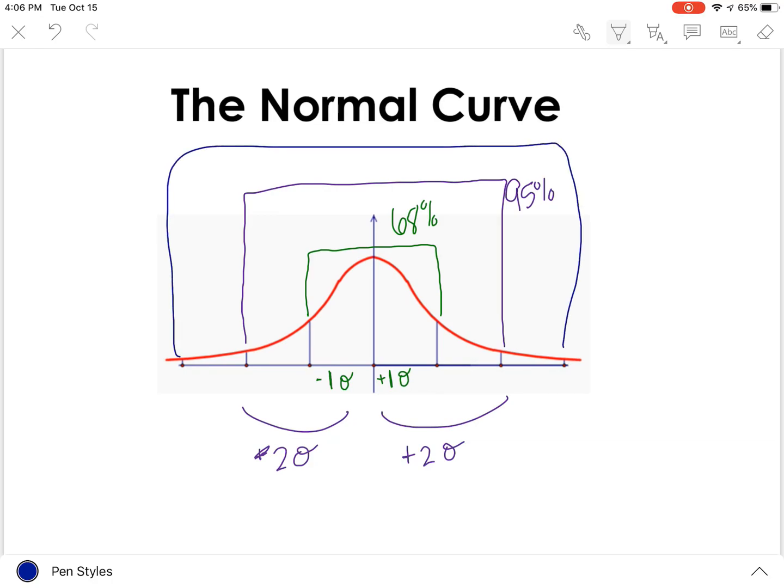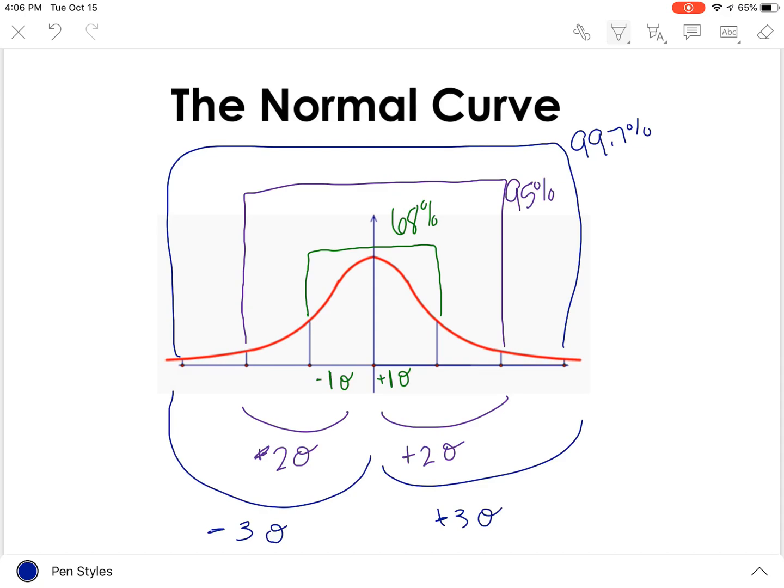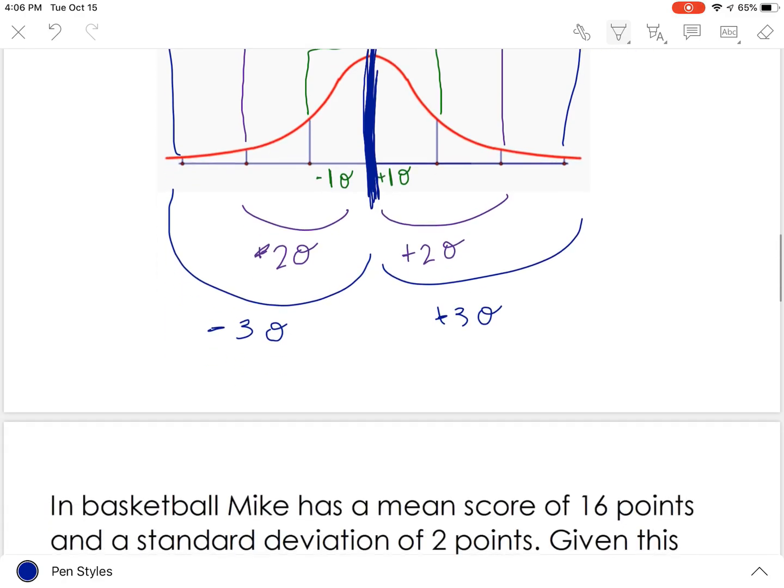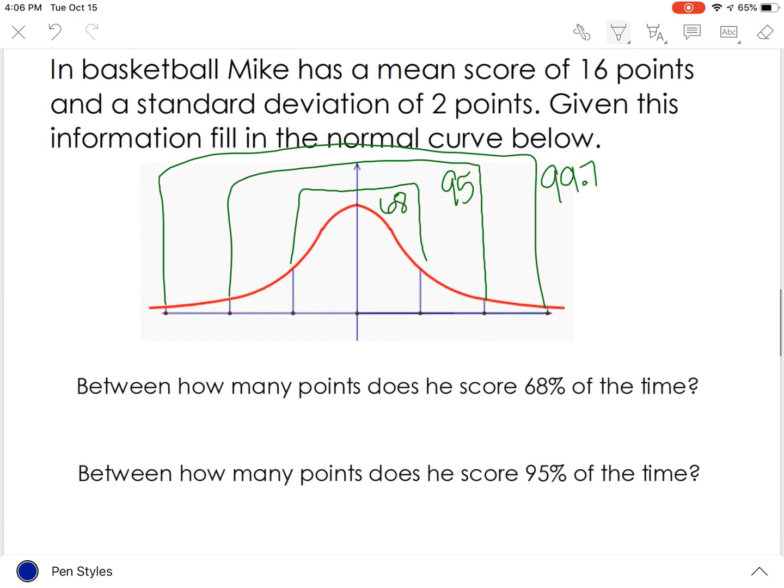And then 3 standard deviations, this is 99.7% of our data. And that's our normal curve. Another reminder that the mean, or the average of your data, is in the middle. So let's go ahead and practice some problems.